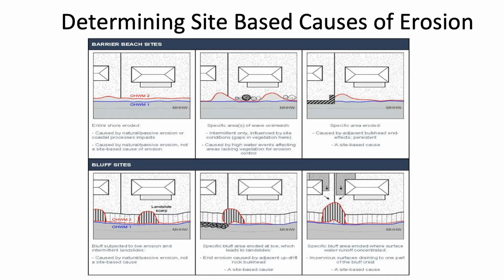Sydney is going to talk about that as well. This figure, straight out of Chapter 3 in the guidelines, describes the common causes that might help make that determination of site-based causes. This is the last item on the checklist, so I'm going to hand it off to Sydney next to talk about demonstration of need.